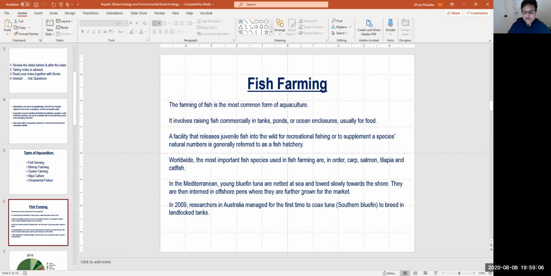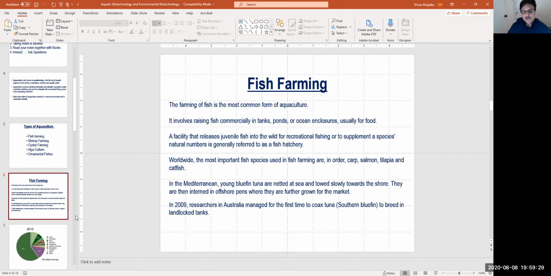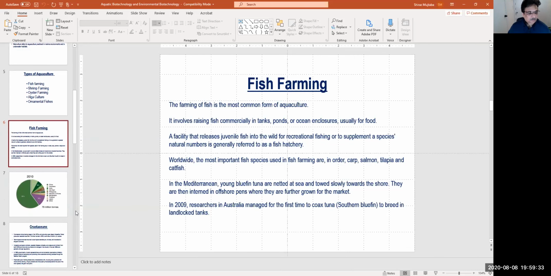Important fishes include carp, salmon, tilapia, catfish, and many others. And tuna is, I'm sure, a very staple food for sandwiches, lunch, breakfast, anything. So fish farming is good for ornamental purposes and also for eating.